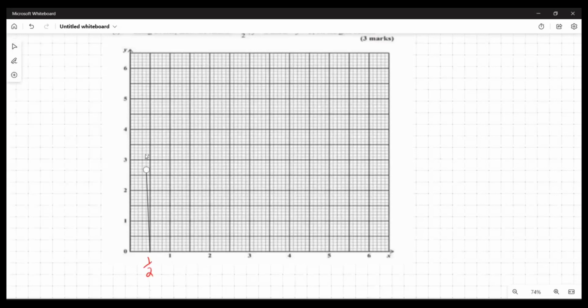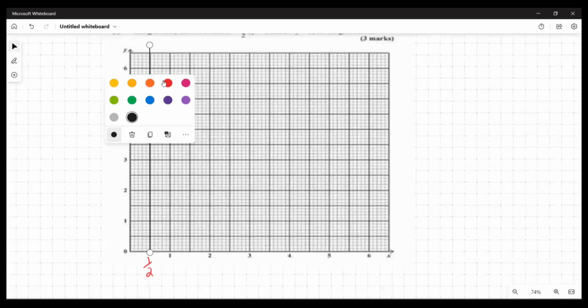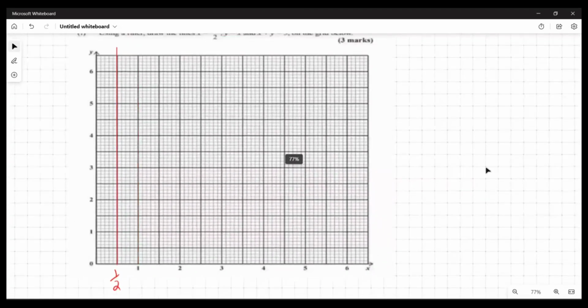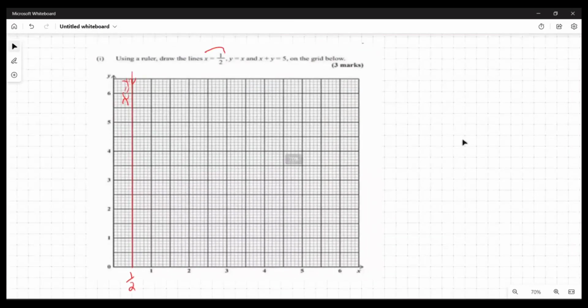The line is already there, you just brighten it. I might put it in a different color, red. You just brighten the line, x is a half. I normally label it, x equal to a half. Everybody has seen that line?